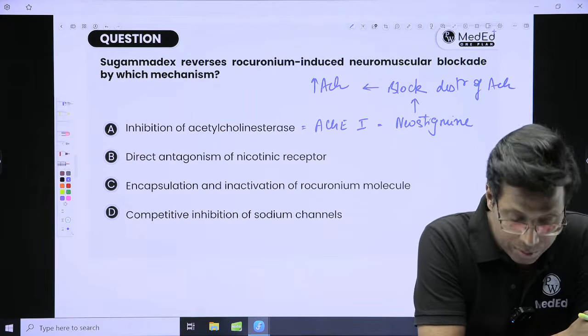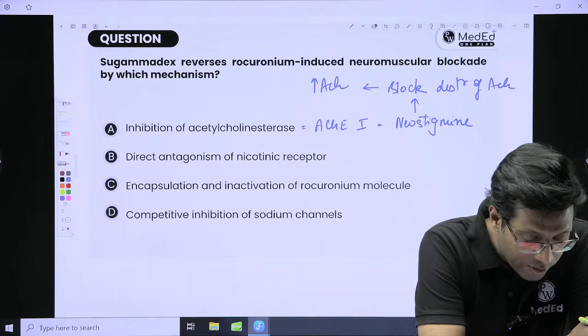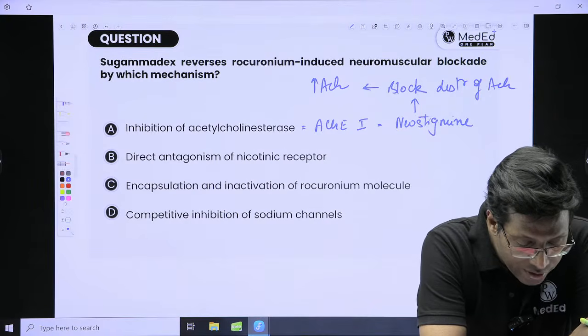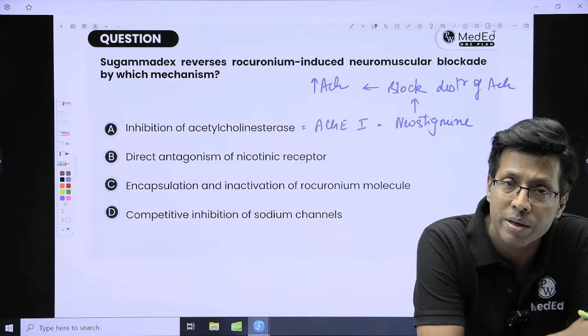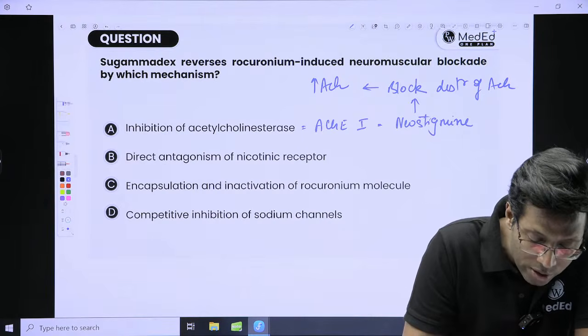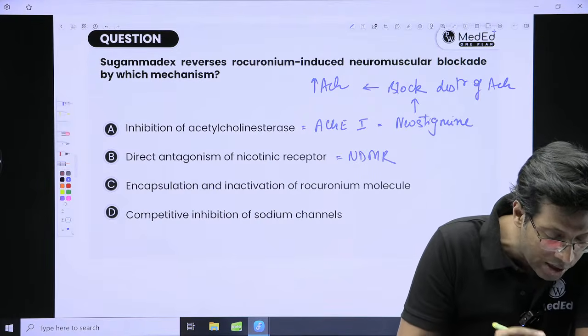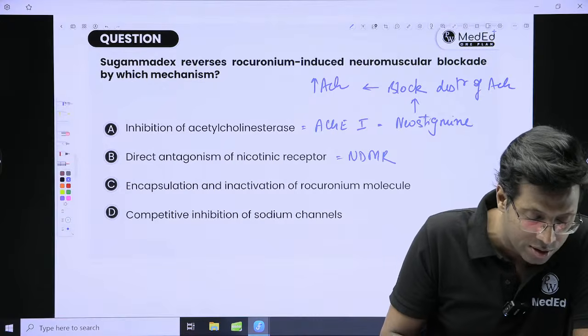Direct antagonism of the nicotinic receptor? No, direct antagonism is basically your non-depolarizing drugs. Vecuronium, rocuronium, they directly antagonize at the receptor.